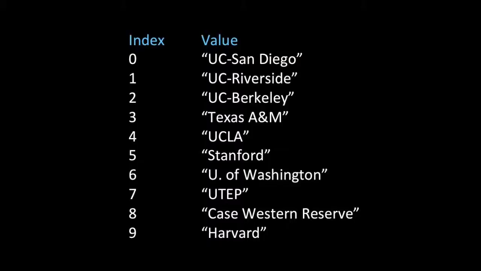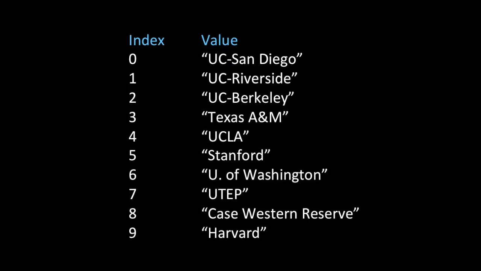The fact that the indexes of an array are ordered integers can be helpful. For example, we might have a list of top 10 national research universities as ranked by the Washington Monthly for 2014. Number 1, the top university, is UC San Diego, and that's in array element with index 0.